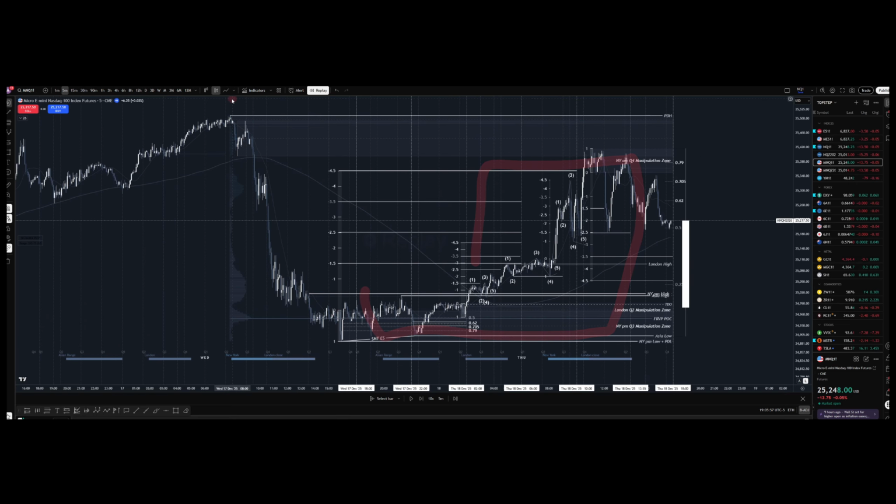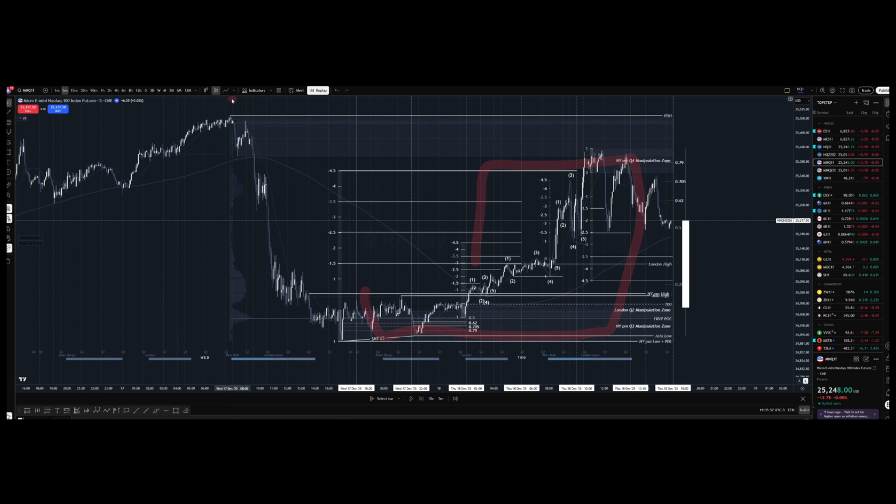This is also unmitigated. So the buyers that are in here, price never came back to mitigate those orders. So they're basically trapped orders in here. Same as this swing here. We have a 5-minute swing up here that caused this breakdown. This was also unmitigated.